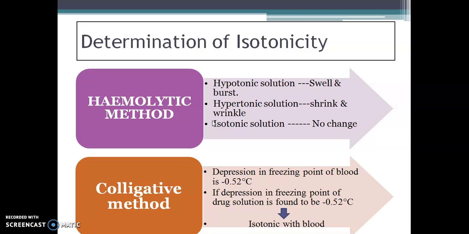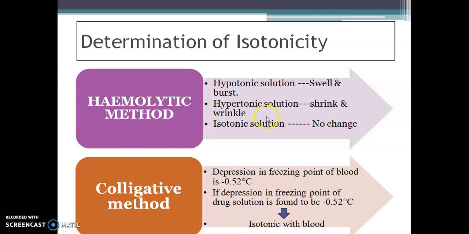In the hemolytic method, red blood cells are suspended in different solutions of the drug and the effect of these solutions on the appearance of the red blood cells is observed.